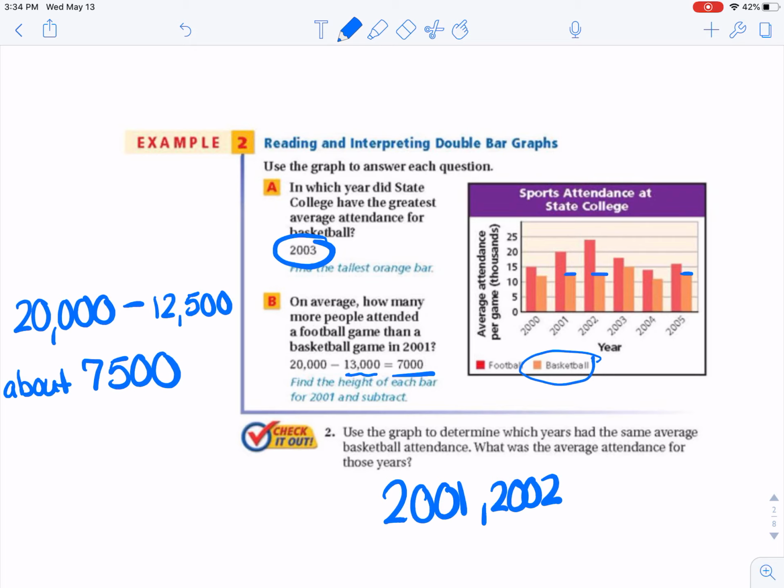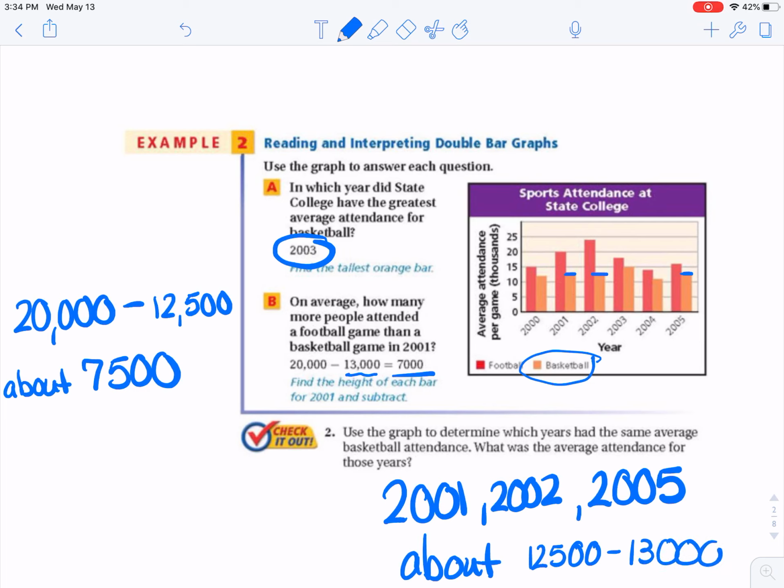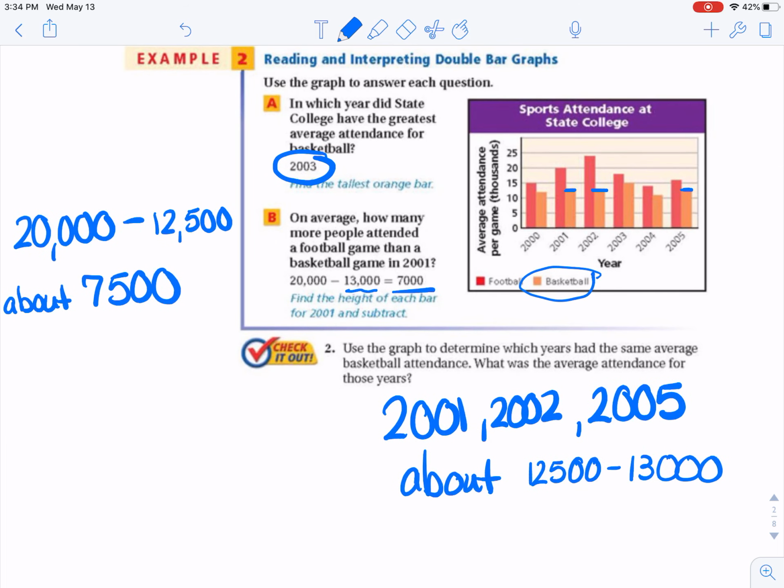Also, all the way down here, 2005 also had the same value, and they all look like they are at about 12,500 to 13,000, somewhere around there. Again, if you're way off and you say something like 8,000, that's a big difference in this particular problem. So the about can only protect you so much.